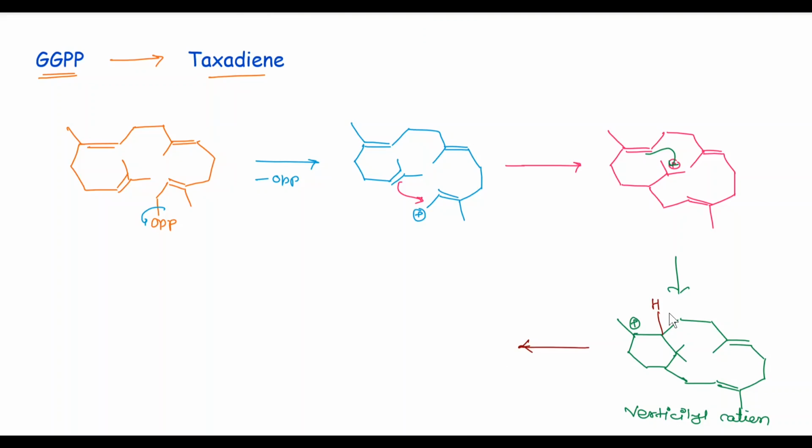In the next step, intramolecular transfer of this proton and we get a new tertiary carbocation. In the next step, electrophilic addition to this carbocation and we get a new carbocation.